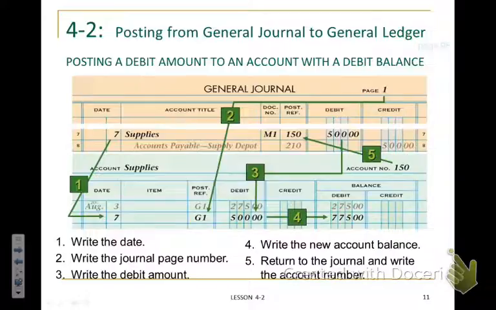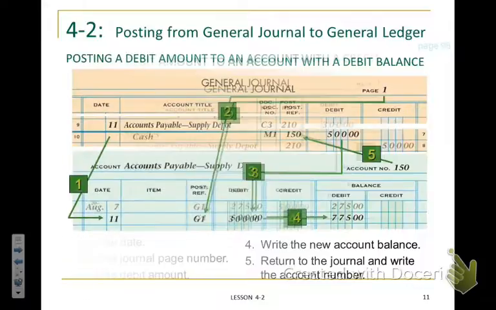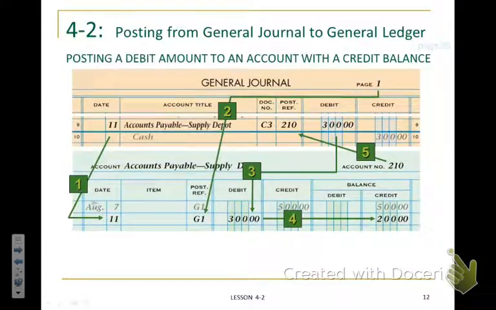So the balance column is an ongoing balance. Let's do the credit side of this transaction. So here we have accounts payable, supply depot. Accounts payable supply depot, we're posting a debit amount to an account with a credit balance.